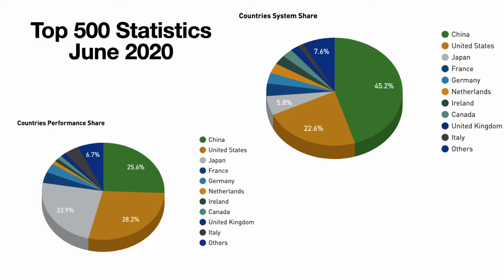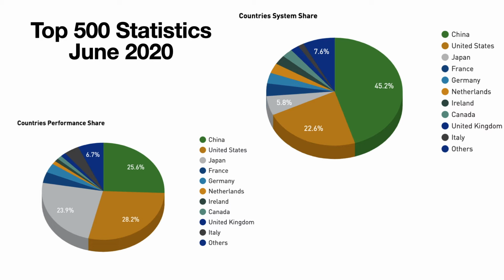China is now the dominant country in terms of the number of clusters that they have on the list. And United States is still the dominant country in terms of the computational power that those clusters are able to deliver. And now the fastest supercomputer in the world is in Japan.